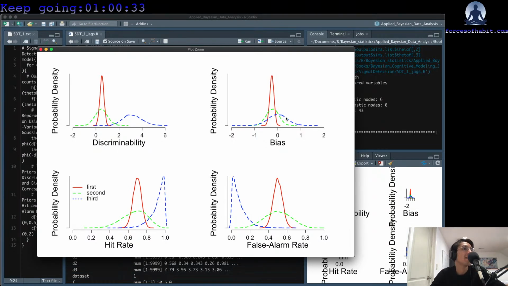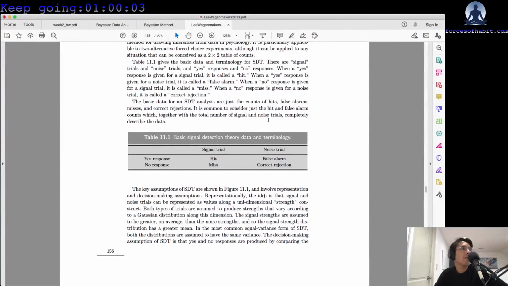In terms of bias, you notice we have a symmetric distribution on 0 for the blue distribution, and part of that is because there's no bias. The criterion is equal to d over 2, the balanced ratio.